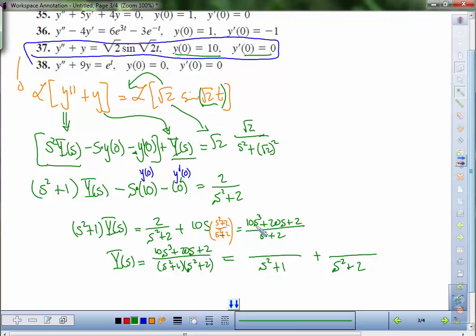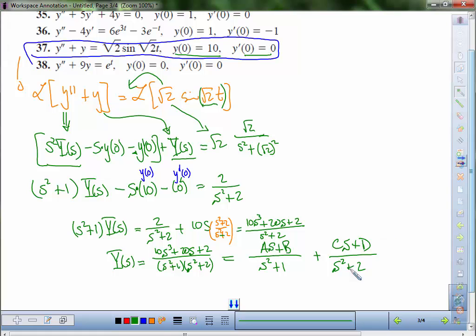So what is your numerator going to look like for the first one? We're using s as our variable, so As plus B, and you have to solve for A and B. And then you have Cs plus D, and then you solve for C and D. Okay?